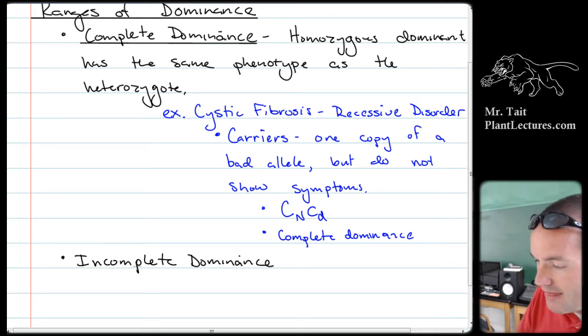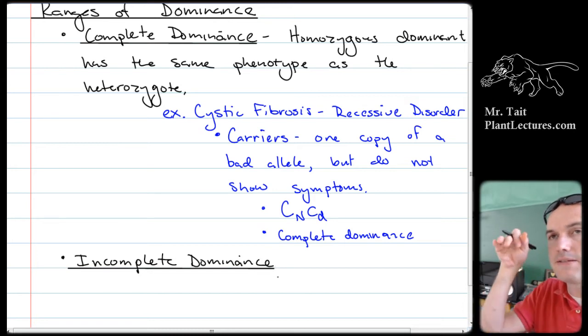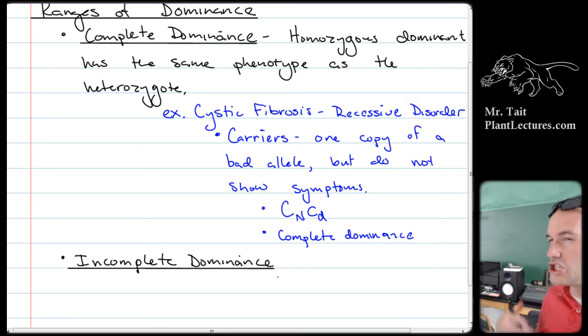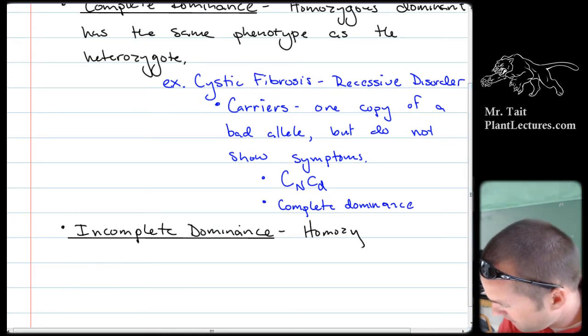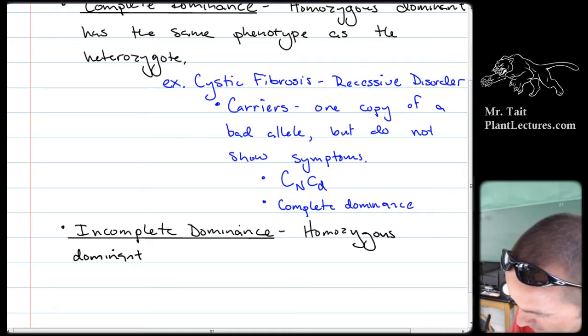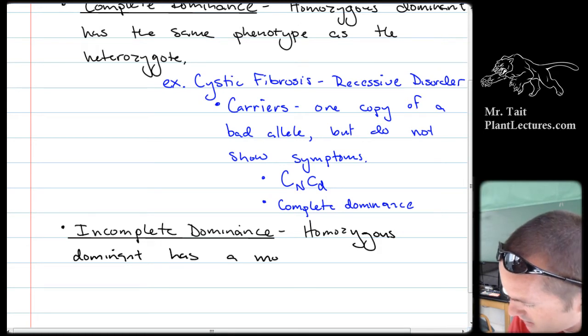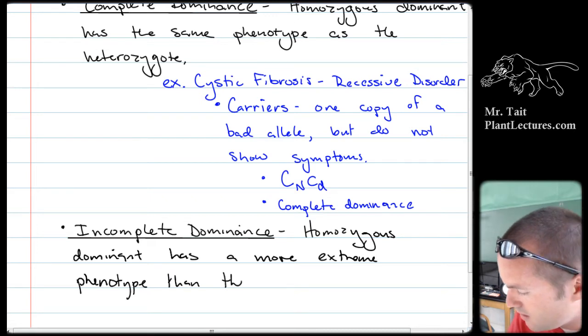Okay, incomplete dominance. Incomplete dominance means that the organism that is homozygous dominant will have a more extreme phenotype than the organism that is a heterozygote. Homozygous dominant has a more extreme phenotype than the heterozygote.